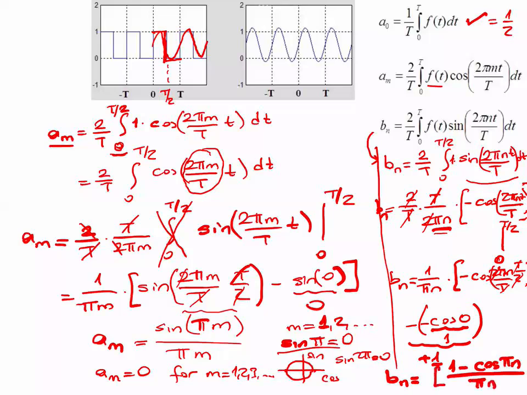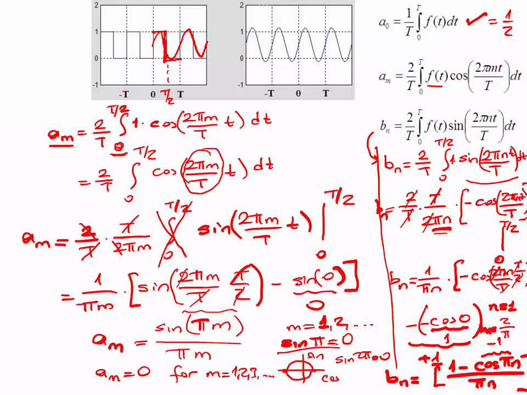Okay, these are B_n's. If, for example, n is 1, what is the result? Cosine pi. What is cosine pi? It is minus 1. So 1 minus minus 1 is 2, 2 over pi, right? B_1 will be 2 over pi.